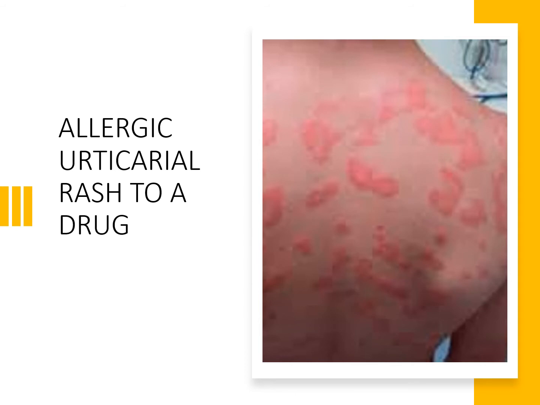Okay, and here's urticaria or hives. And this is an allergic reaction to a drug, commonly either an antibiotic, a medication, or sometimes this can be from a food the person's eaten, or an insect bite that created an urticarial rash. Because the body is creating an immune response to the foreign antigen, and then causing this rash.